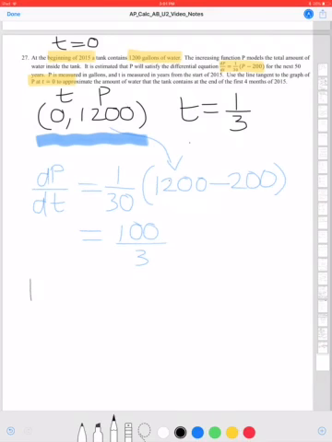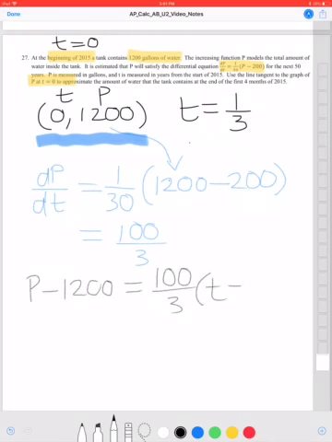All right, let's do it. We've got y, well in this case, not y. Let me use the right letters. P minus P1, which is 1,200, equals the slope times x, which is t, minus t1. Very nice. And now we want to know, okay, that's the equation of the tangent line.